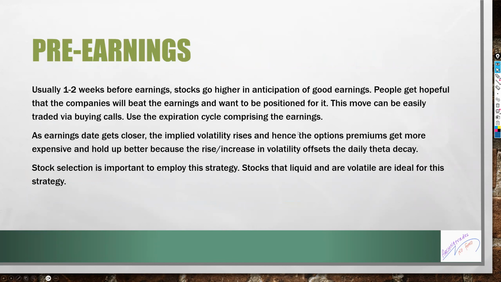So for pre-earnings, usually 1 to 2 weeks before earnings, stocks go higher in anticipation, okay, of some good earnings. If you're expecting something good to happen, people are hopeful companies are going to beat the earnings, so they want to front run it, or buy before the good earnings come out because they think that pop is going to happen.